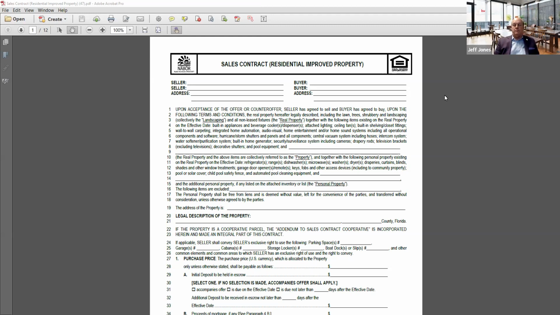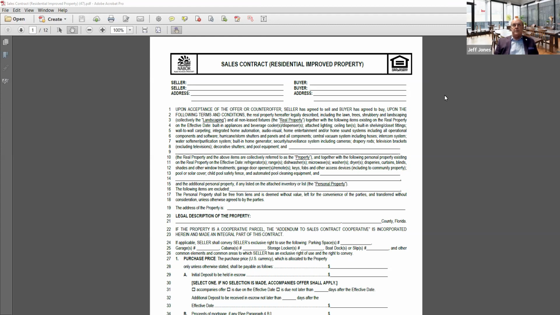And if there are things like Ring doorbells and Sonos stereo systems and things that could be considered fixtures, your Ring doorbell screwed into the wall, and your Sonos speakers may be mounted in a cabinet or on the wall, you have to make sure that the seller has given you confidence that those things are going to convey with the sale.